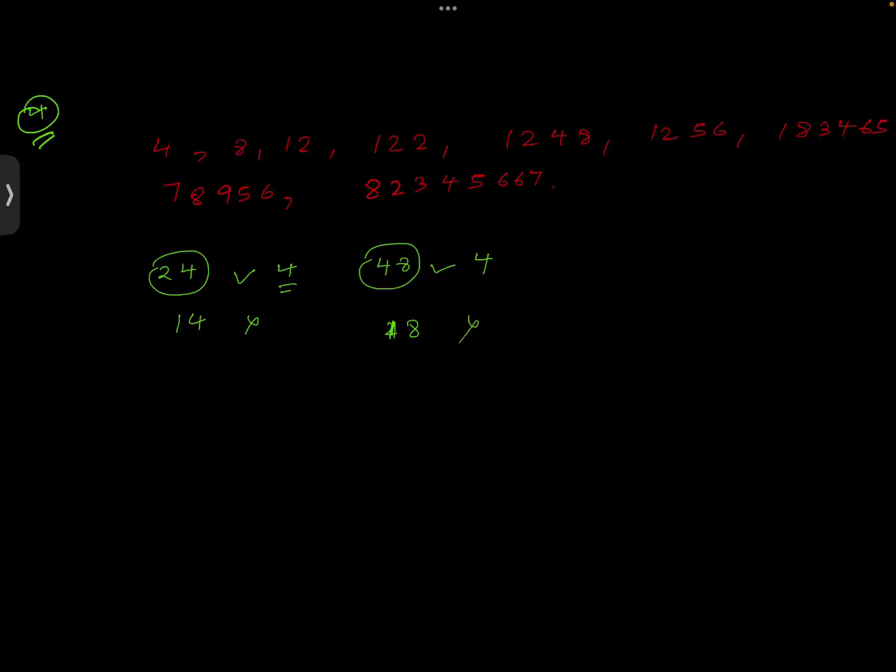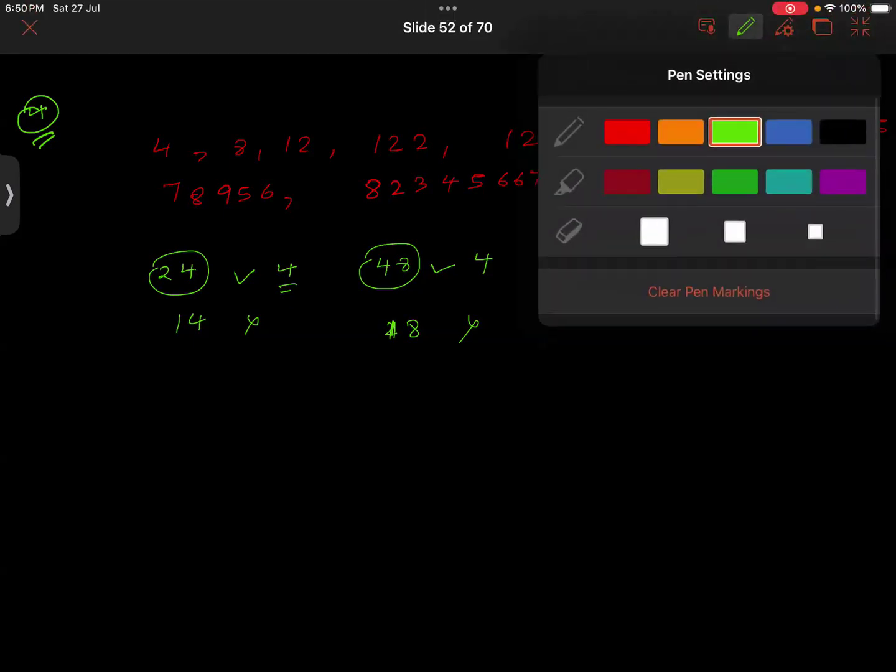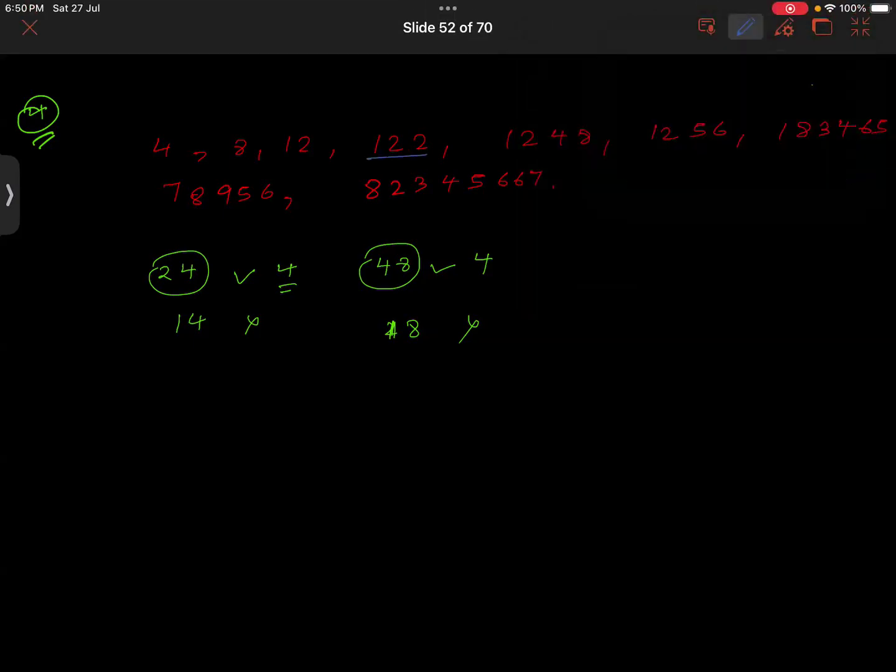So then what should be the rule which you should be following in order to find whether a number is divisible by 4 or not? Take the third example, third question. Now find out the number formed by adding the last two digits of this number. That is 2 plus 2, that is 4.